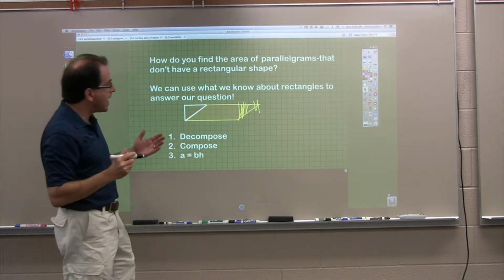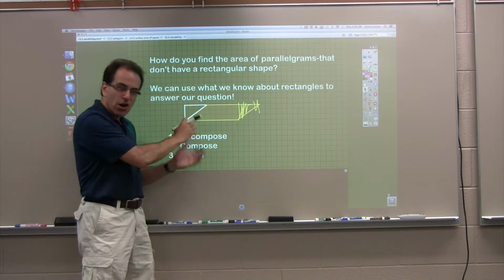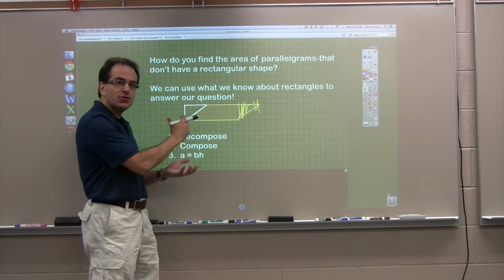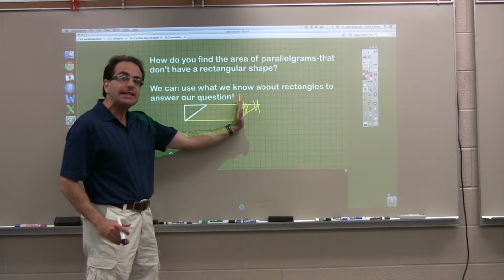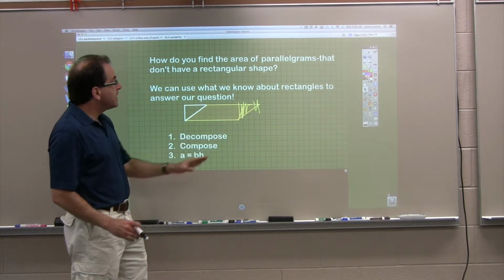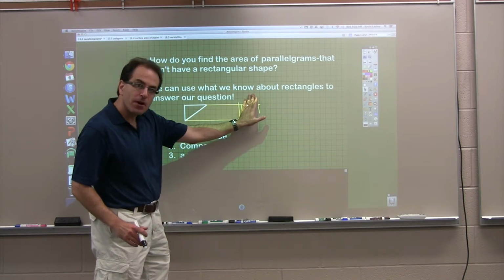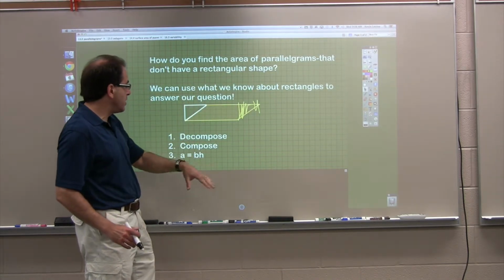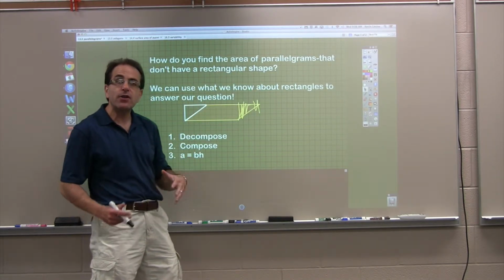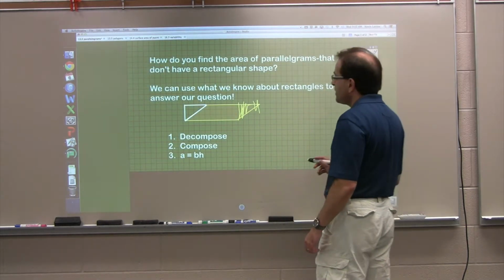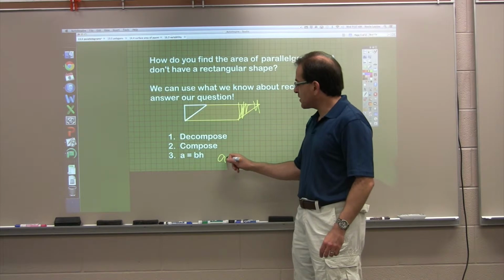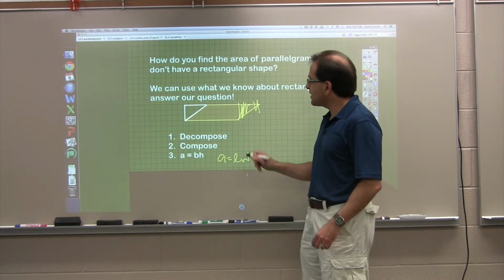And now what have I formed? An ugly rectangle. If I was doing this on paper, it would look a little bit better, but I've got a rectangle here. You can see it. By taking part of the parallelogram off and moving it over here, I've constructed a rectangle. We know the formula for the area of a rectangle is A equals base times height, and we've talked about it's also A equals length times width.